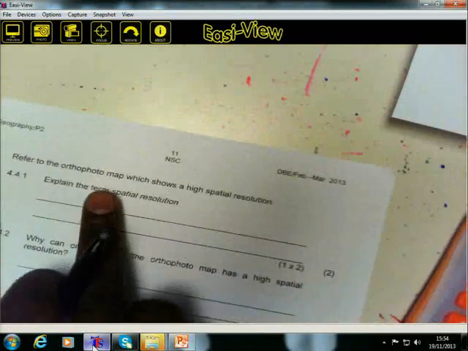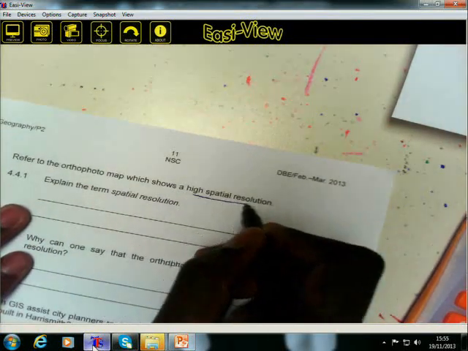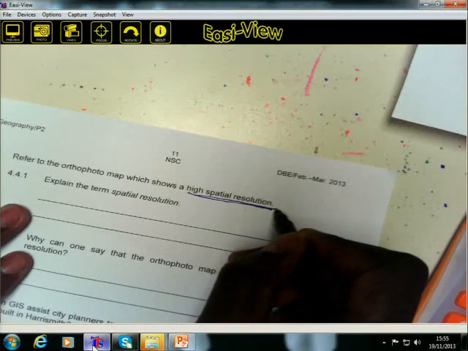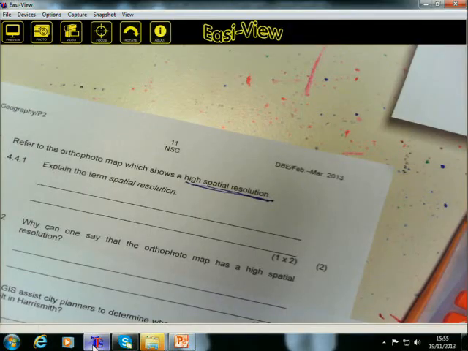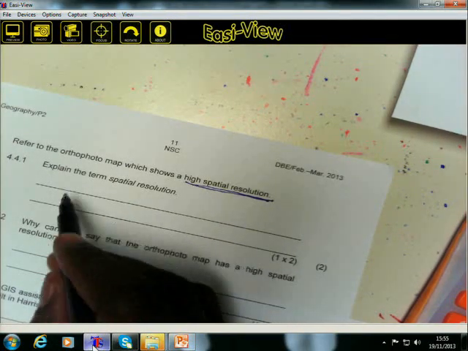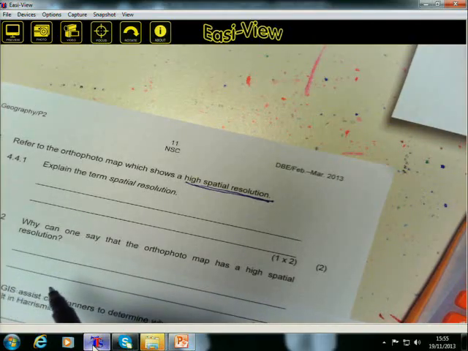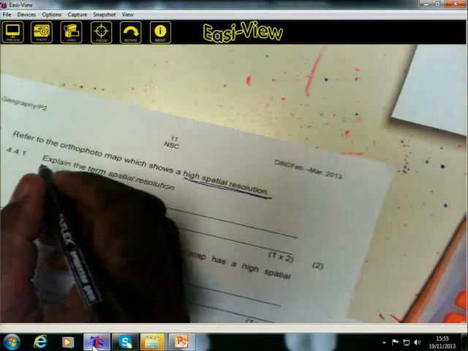Then refer to the orthophoto map, which shows a high spatial resolution. Now explain the term spatial resolution. Resolution will be the clarity of an image, to get it more and more clearer for you.